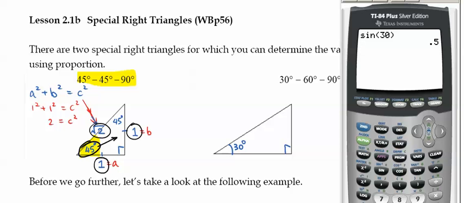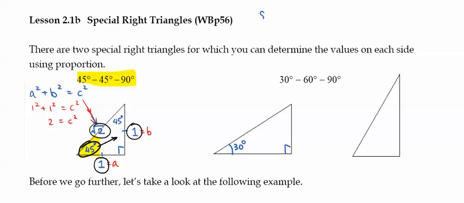If you expect 0.5 from sine 30 degrees, what would you get for your opposite and for your hypotenuse? What kind of fraction would you expect to see for 0.5? Can you turn 0.5 into a fraction? 1 over 2, yes.